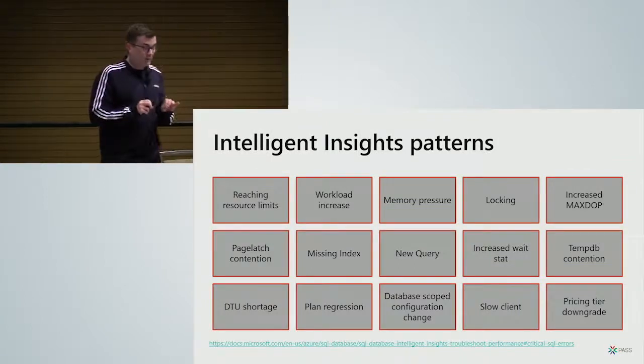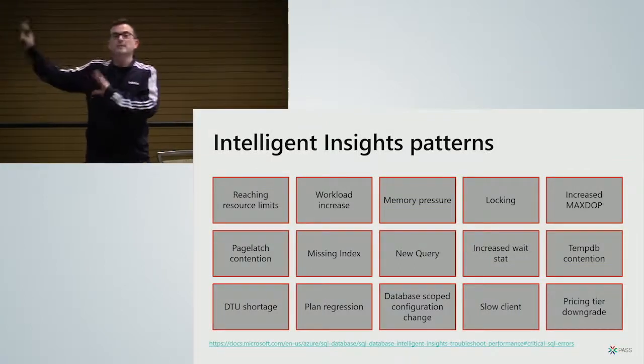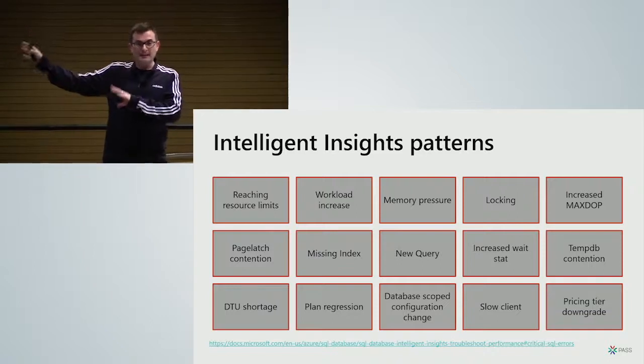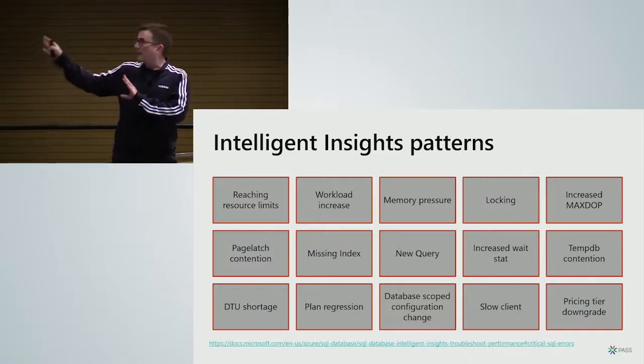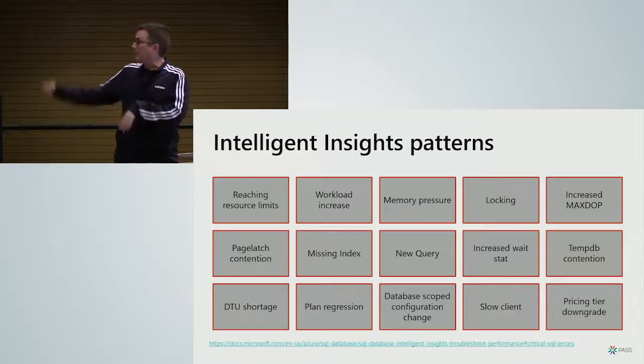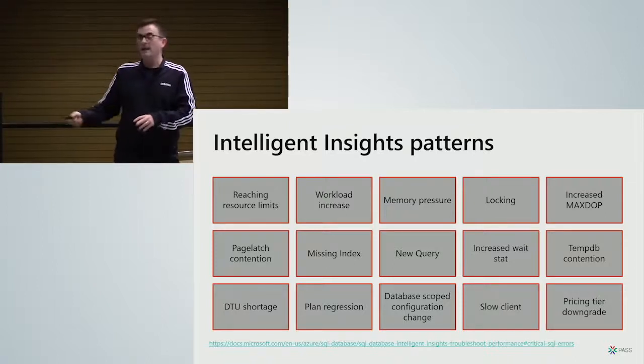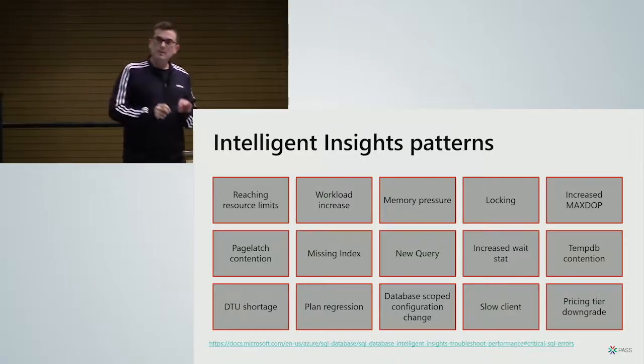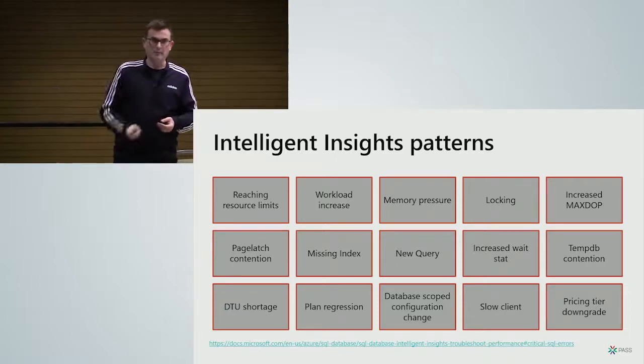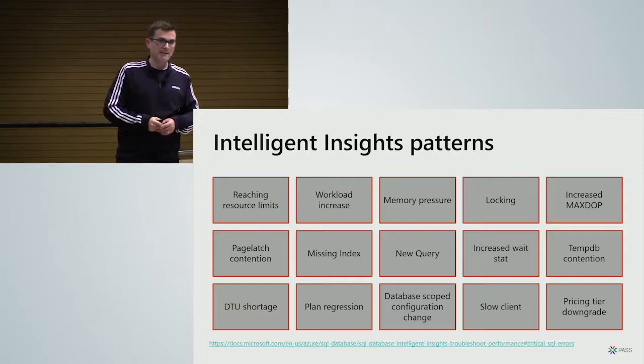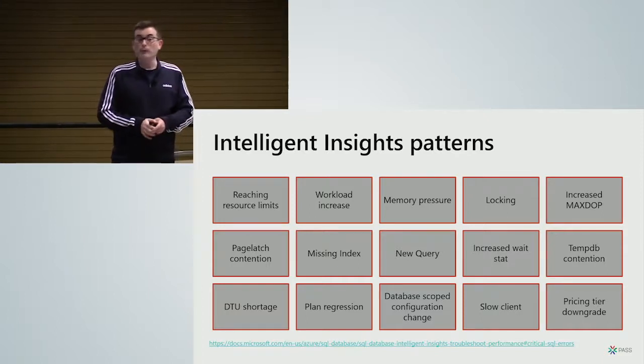Now, the part I want to leave you with is these are the different patterns that this automatically identifies. So things like workload increase, increased wait stat types, slow clients. And even if you don't plan on using Intelligent Insights as a feature, I recommend checking out this resource link when you download the deck after this talk, because it's a great run book in general.